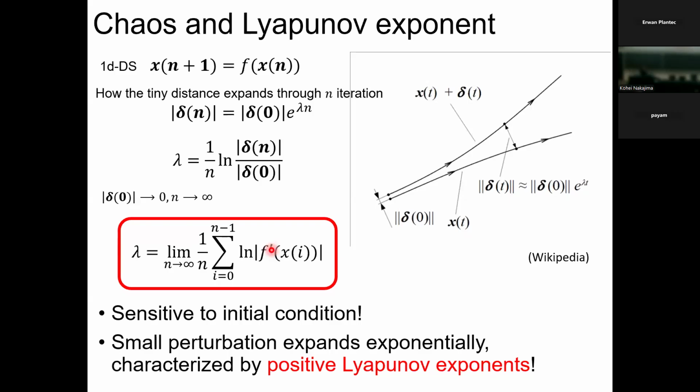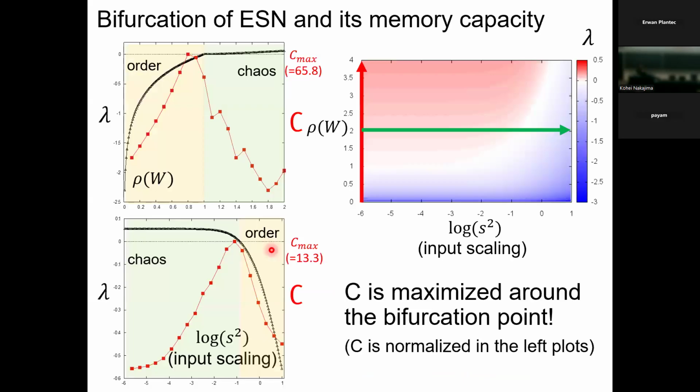This one is the one-dimensional case, but in the n-dimensional case we have n Lyapunov exponents, a Lyapunov spectrum, and we just pick the largest Lyapunov exponent. If it is positive, we call this chaotic dynamics. In this case, we call it the conditional Lyapunov exponent, and we're only checking the conditional largest Lyapunov exponent here, because we have input now. But anyway, if this is positive, it shows chaos, so there's no echo state property.